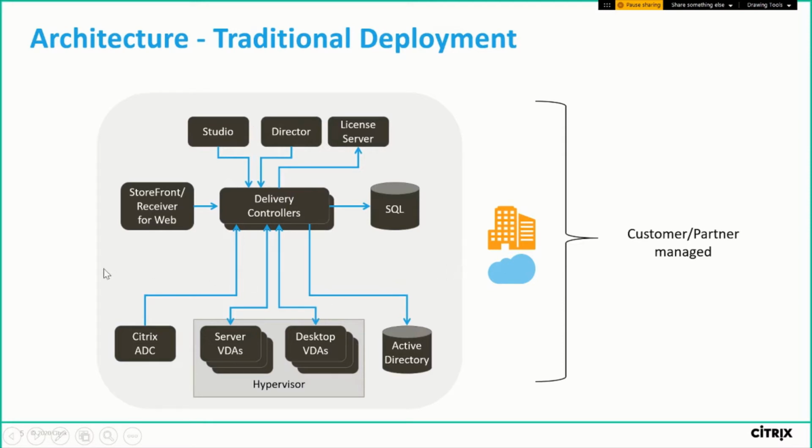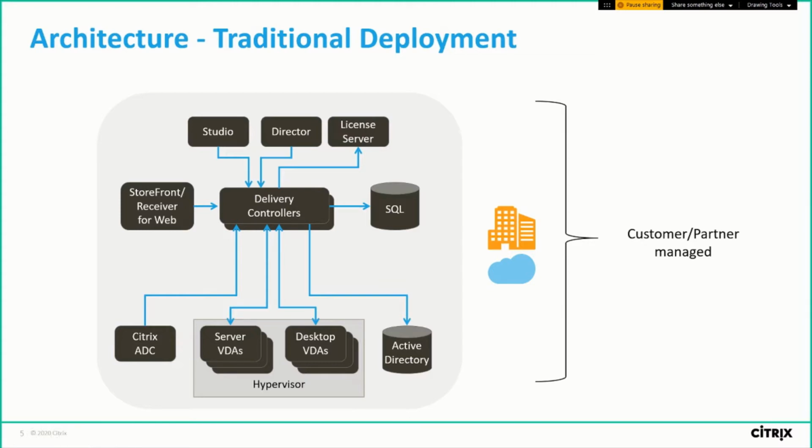Now, on the bottom part of this architecture, you have your organization infrastructure. So these are things that are proprietary, like your Active Directory. So you have your app where your applications are stored, where your desktops are stored, as well as your Citrix ADC. Now, a common question that comes up is, generally, what is a Citrix ADC?